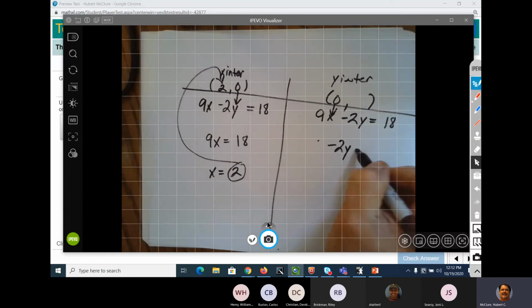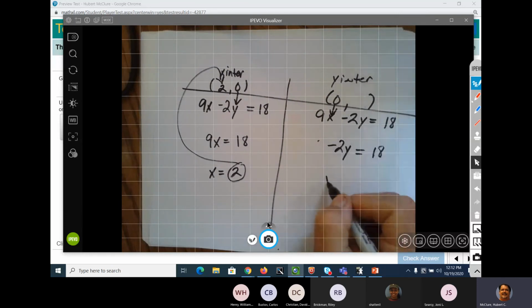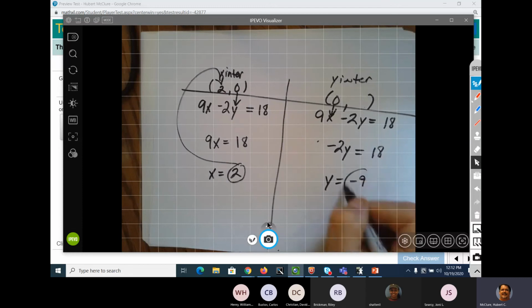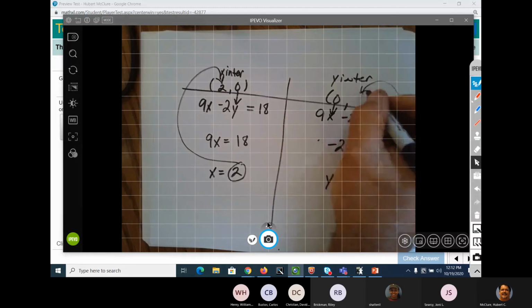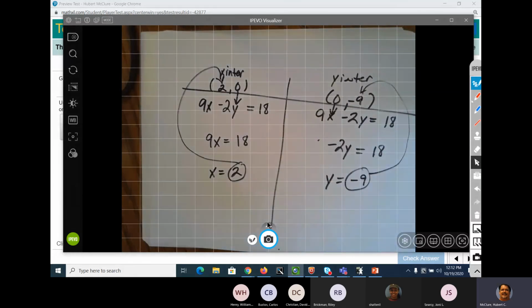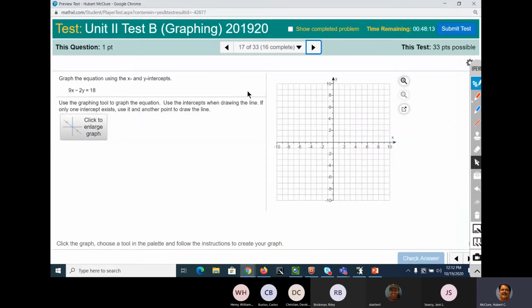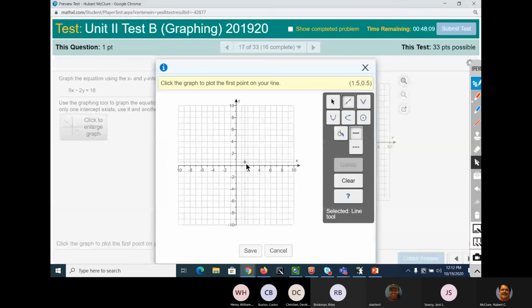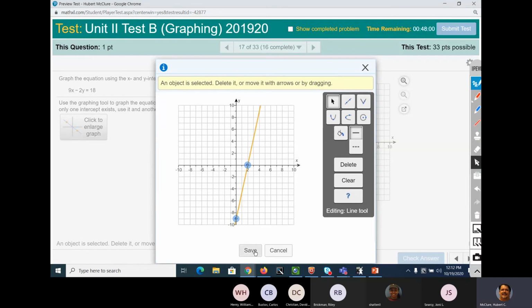Negative 2y is equal to 18. Y is equal to negative 9. So 2 and 0 is our x-intercept. 0, negative 9 is our y-intercept.